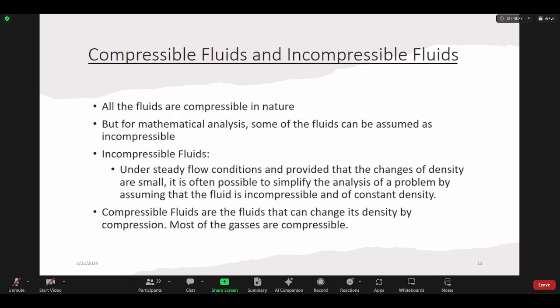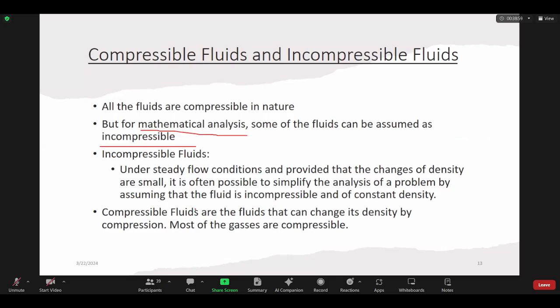All fluids are compressible in nature, but for mathematical analysis, some fluids can be assumed to be incompressible. We use this only for calculation purposes. For incompressible fluid under steady flow conditions, provided the changes of density are small, it is often possible to simplify the analysis of a problem by assuming that the fluid is incompressible with constant density.